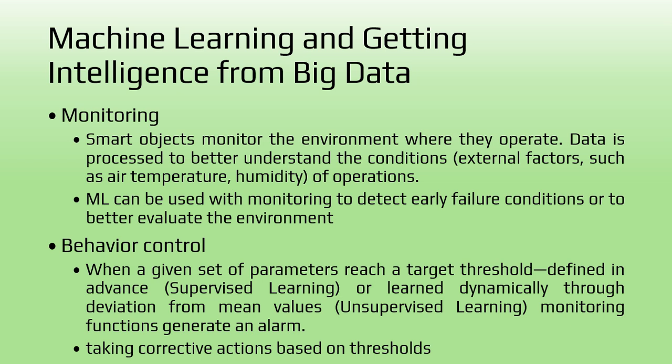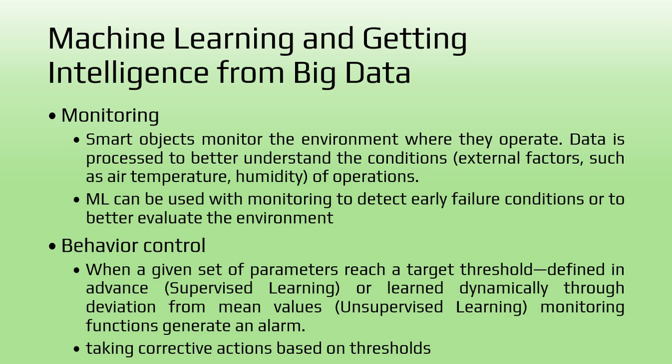Second, behavior control. When a given set of parameters reaches a target threshold defined in advance, like in supervised learning, or learned dynamically through deviation from the mean value, meaning unsupervised learning, monitoring functions generate an alarm. In behavior control, we are trying to control that particular environment.